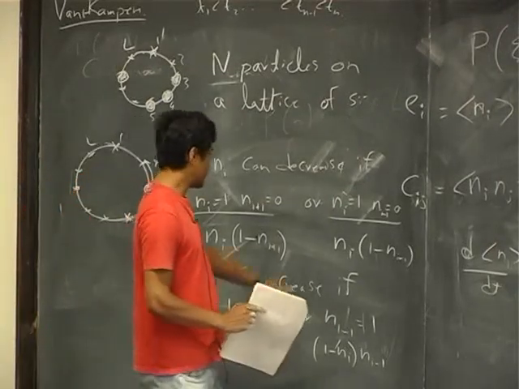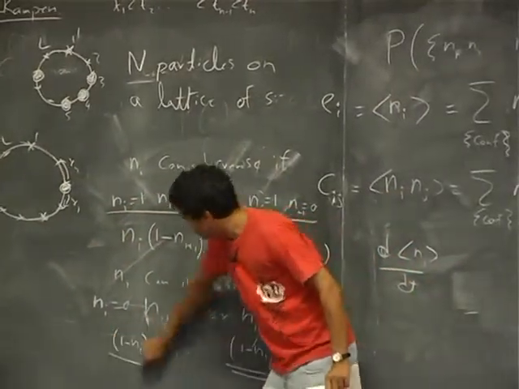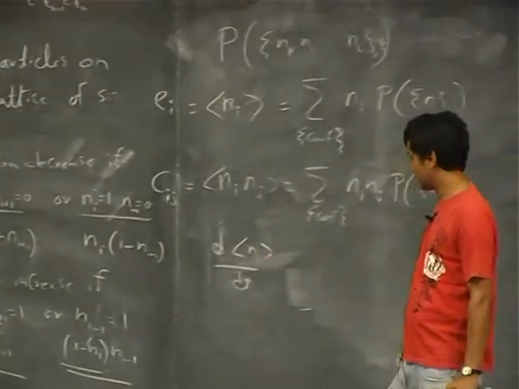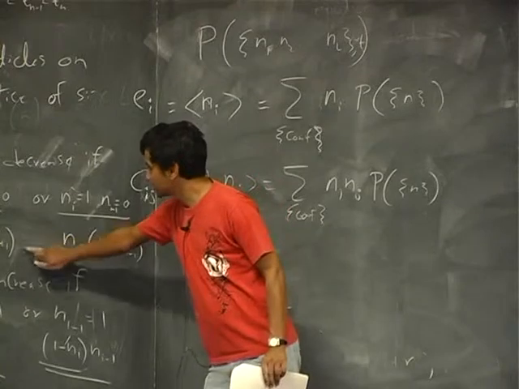Okay, so now we can just write down this immediately, once we identify these four processes which can lead to this quantity increasing. Right, so what is this? So these are the decrease terms.